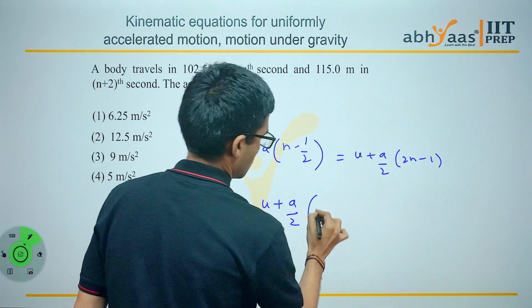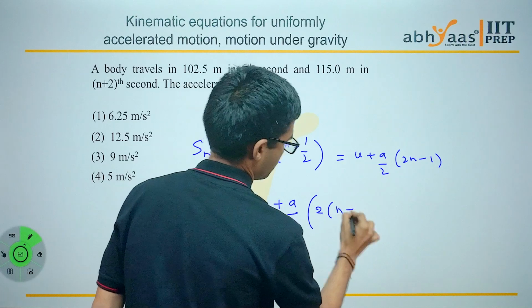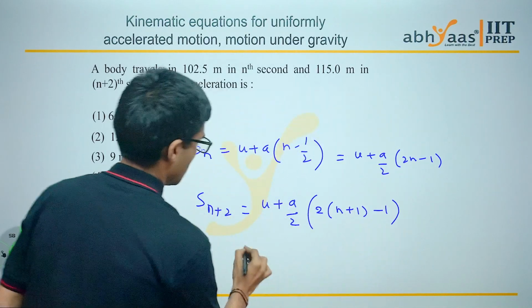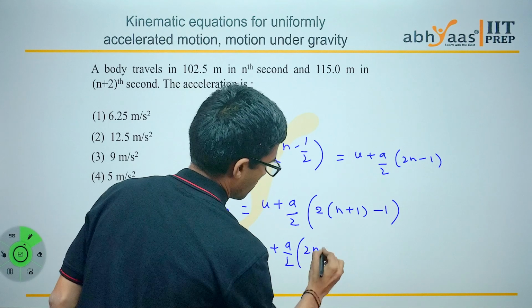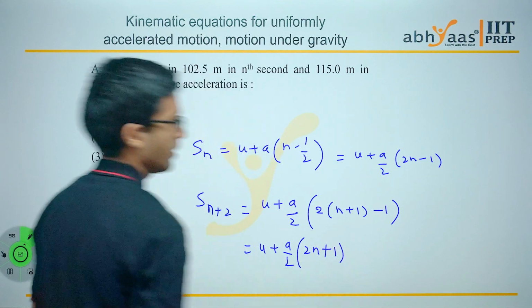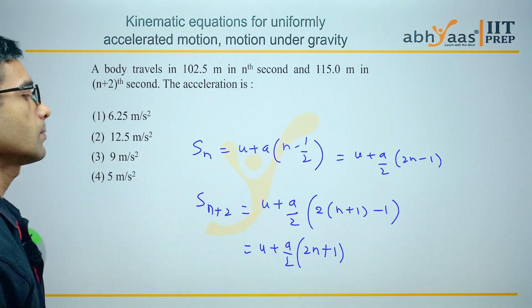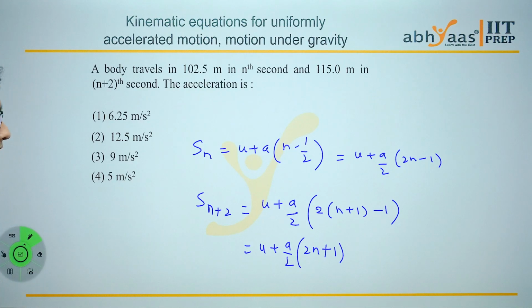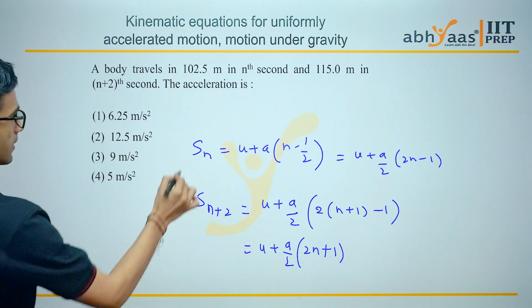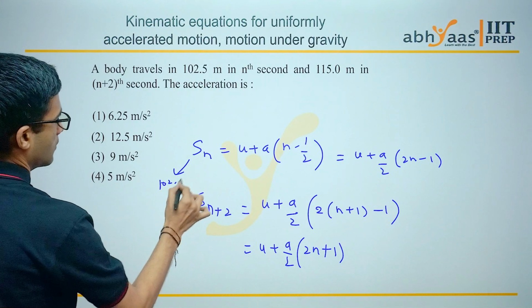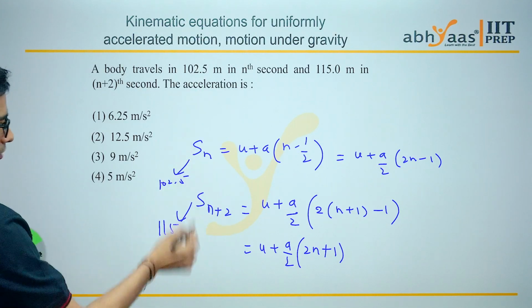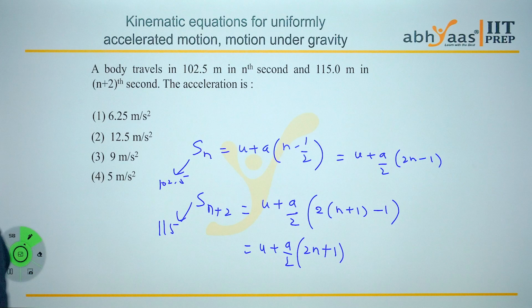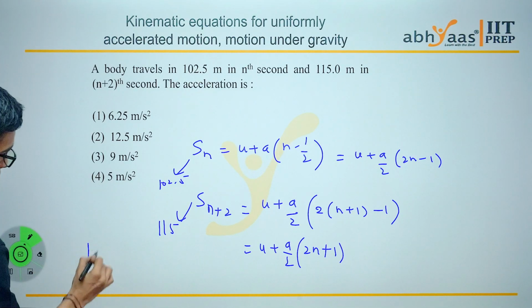Here 2 into n plus 1 minus 1, that is u plus a by 2 into 2n plus 1. That is 2n minus 1, this is 2n plus 1. Now if you observe here, this is 102.5 and this is 115. So you just subtract Sn plus 2 minus Sn, you will get 12.5.